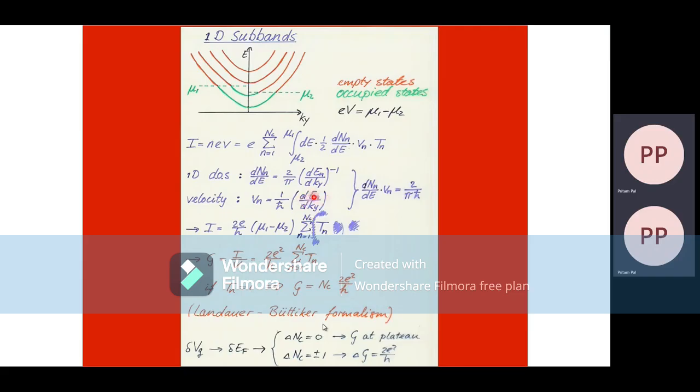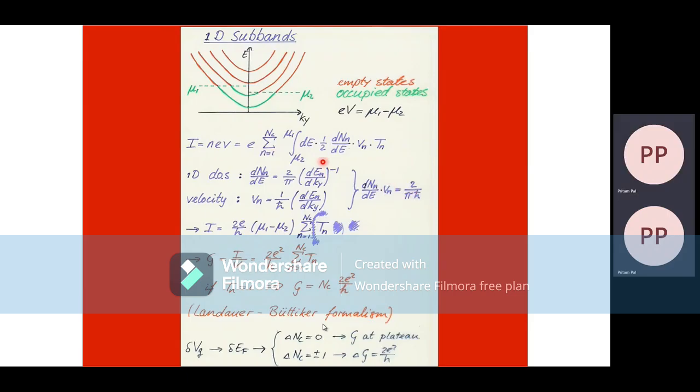While the density of states in one dimension is given by this quantity, and the two quantities are inverse of each other. So the product of the density and velocity, only for a one-dimensional system, when you multiply the density by the velocity, you actually get a constant. That is the origin of the conductance quantization, right?